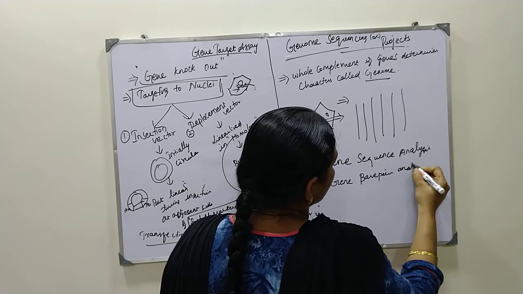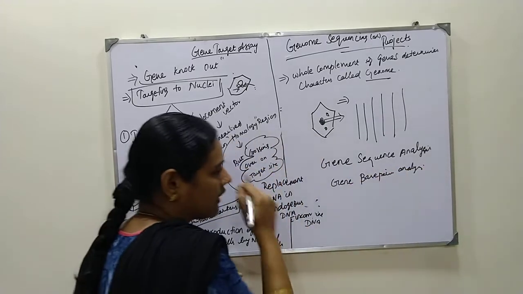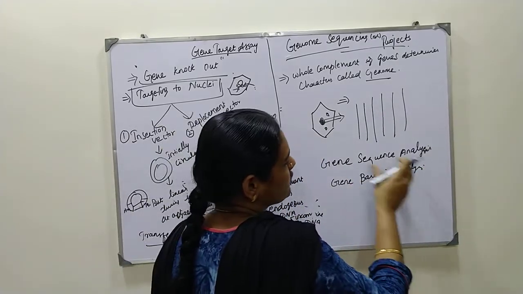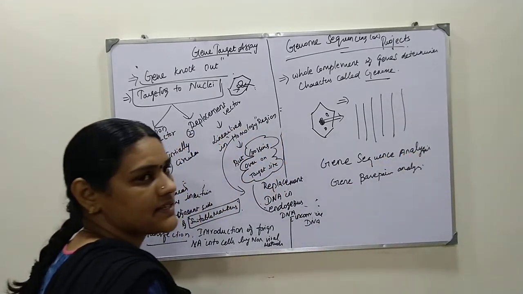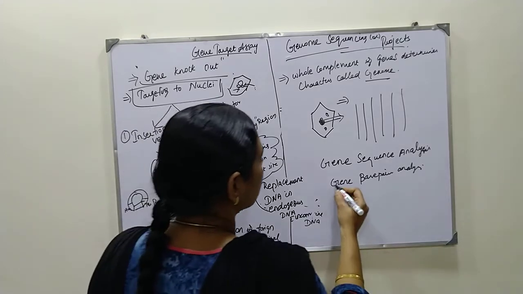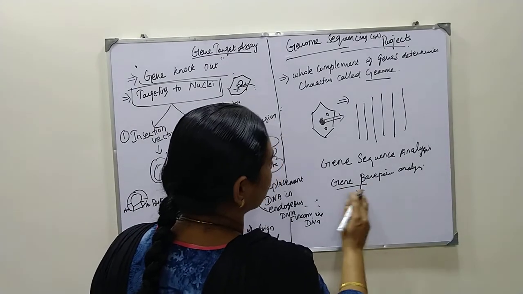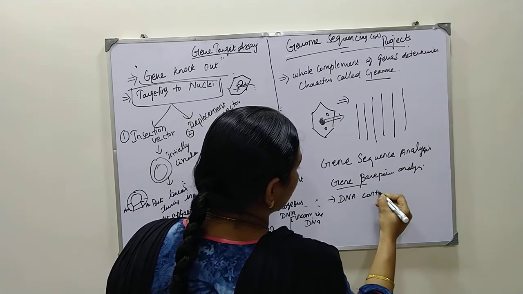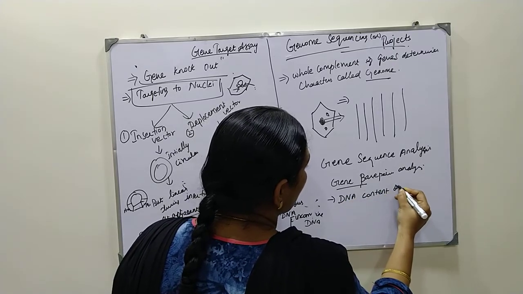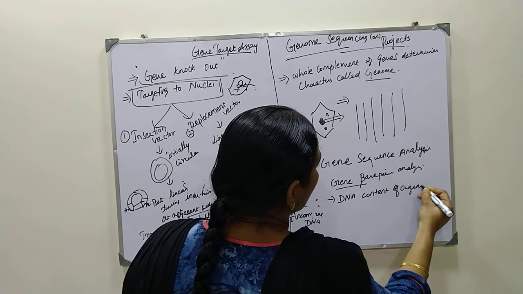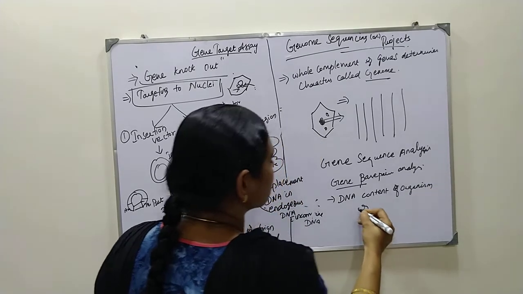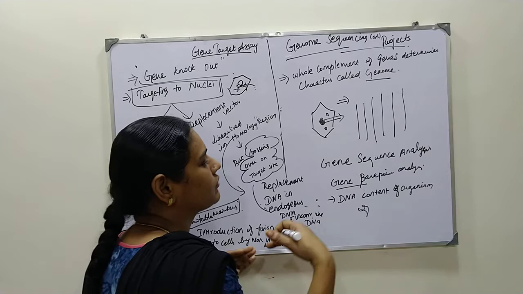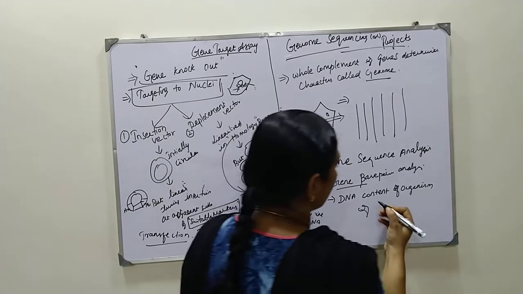So if you take the complete gene base pair analysis, they are doing it here, and this gives the gene base pair count, or the DNA content of the organism.